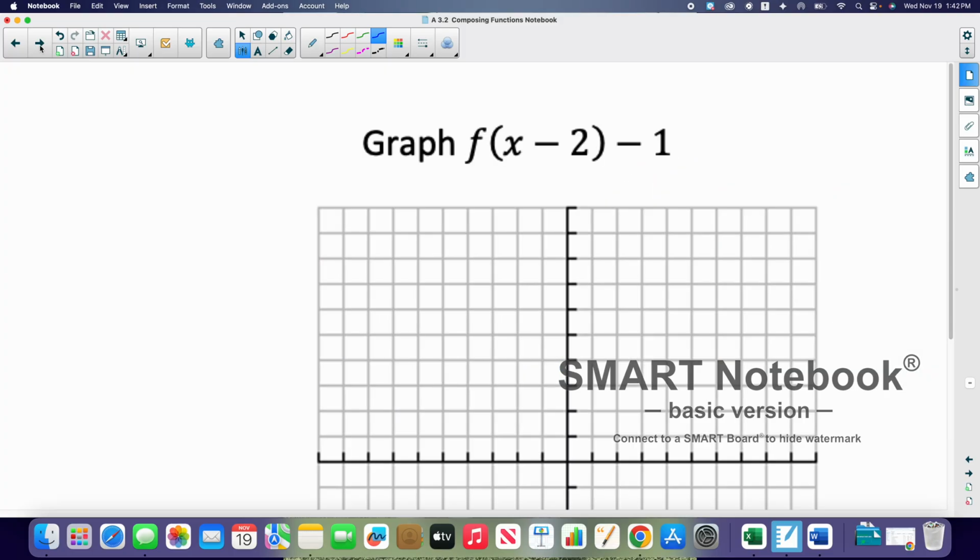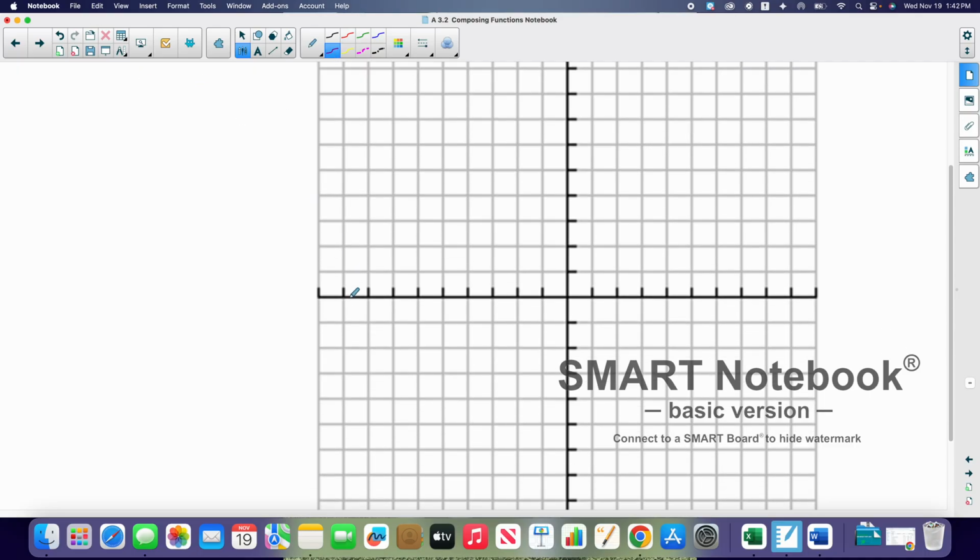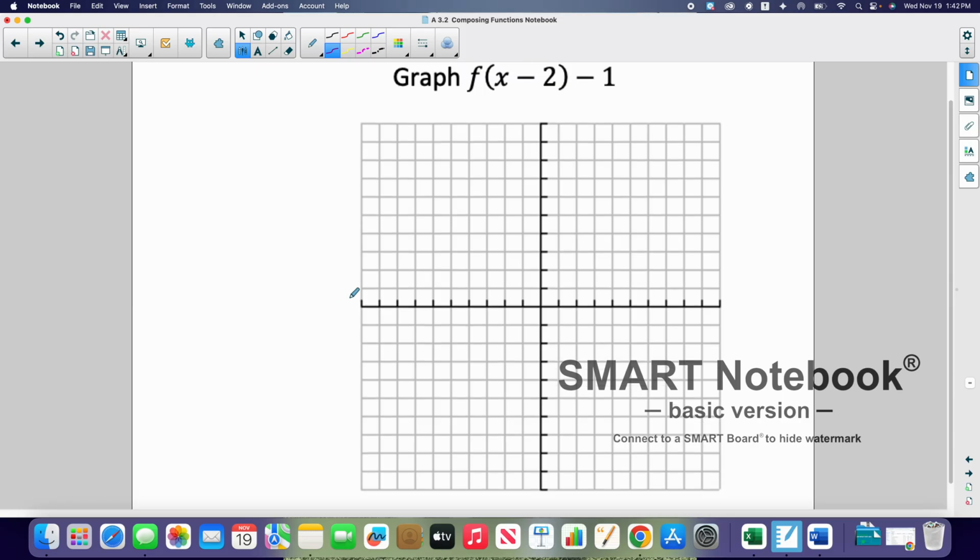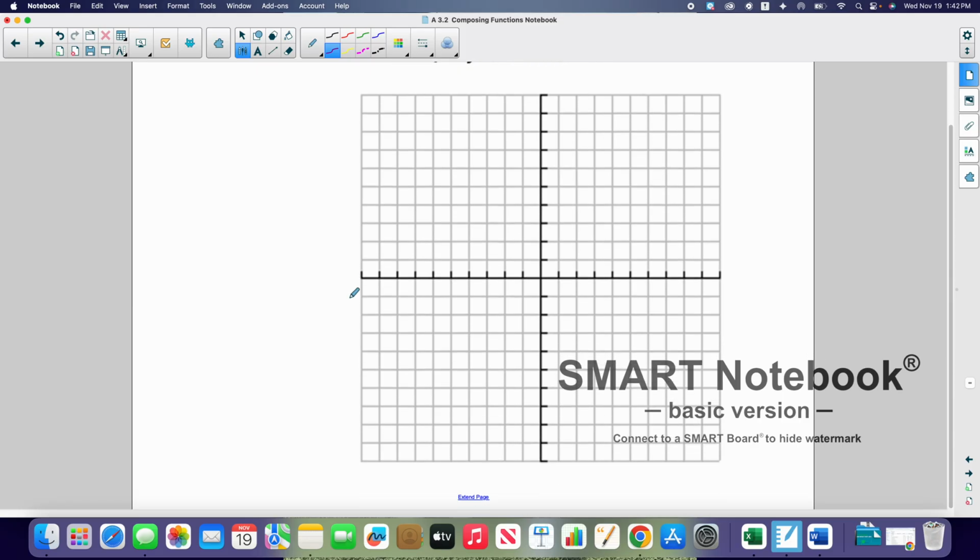All right, I want you to graph one more for me. I want you to do on a third graph, h of x. H of x equals 2x squared plus 1. I want you to go graph that one.